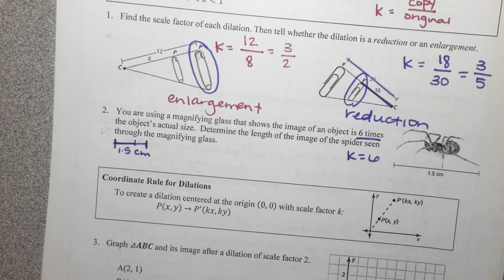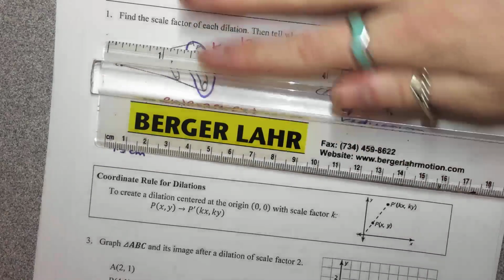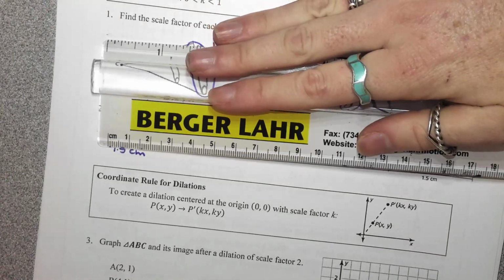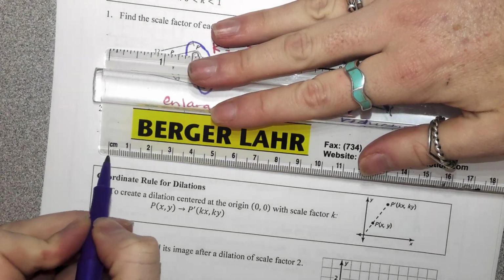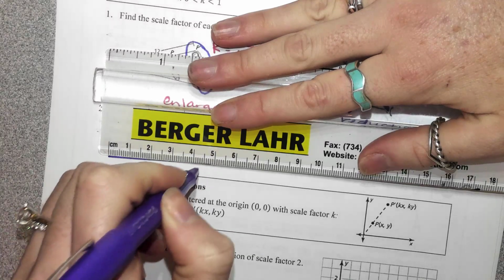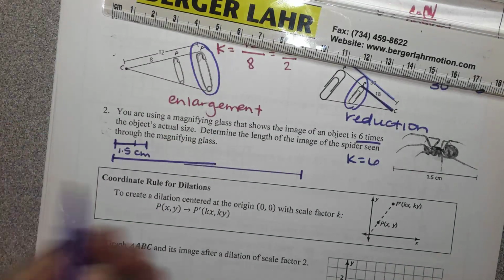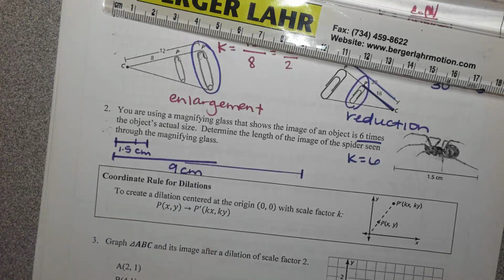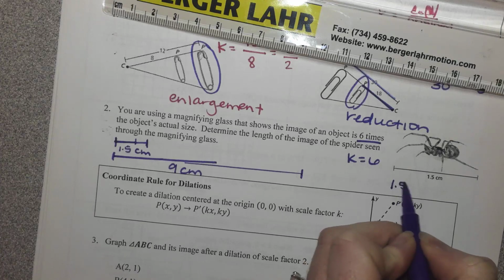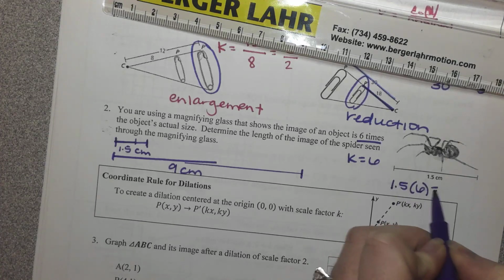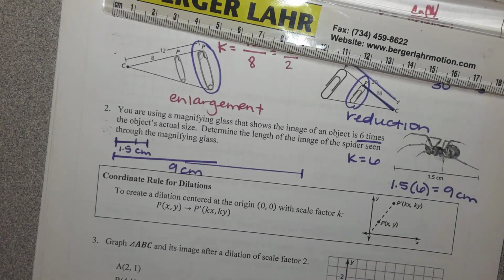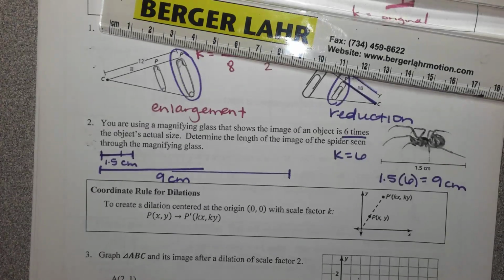So it would really be, since we're going to be particular here, this length, which would be 9 centimeters. So the way we got there is we did the 1.5 times 6.